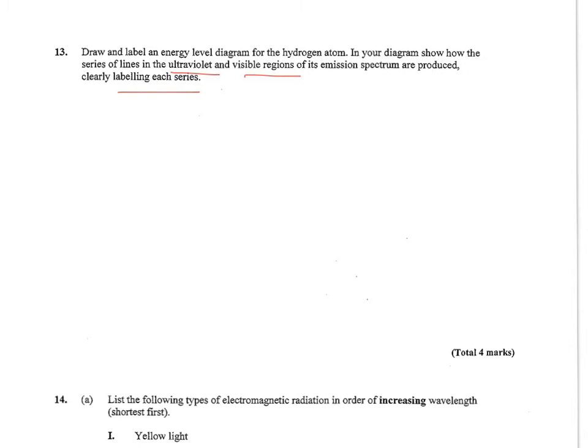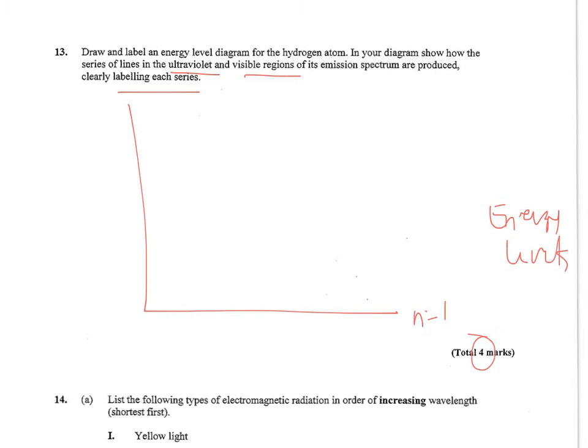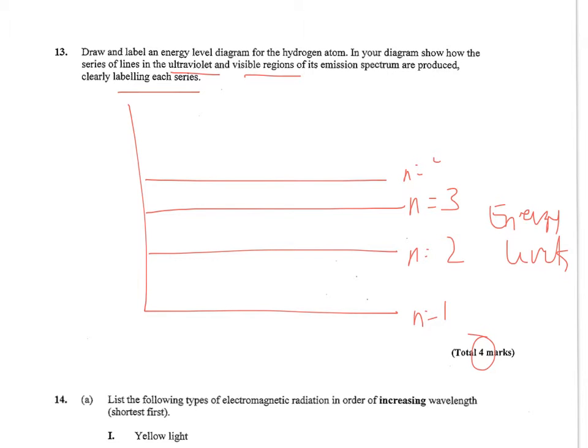So for 4 marks, what IB wanted to see is that you label these energy levels, that you realize the greatest distance is between N2 and N1, slightly less difference between levels 2 and 3, even less distance between 3 and 4, 4 and 5, 5 and 6.